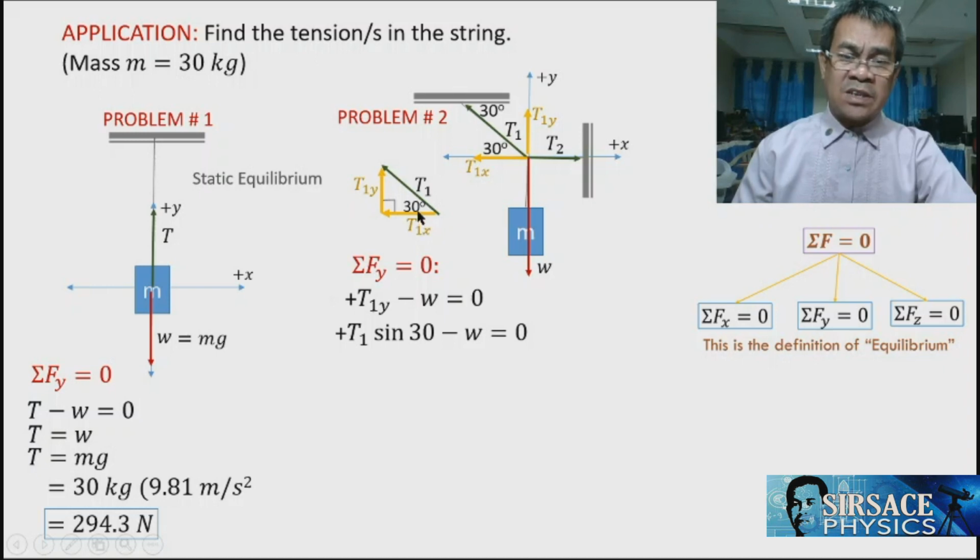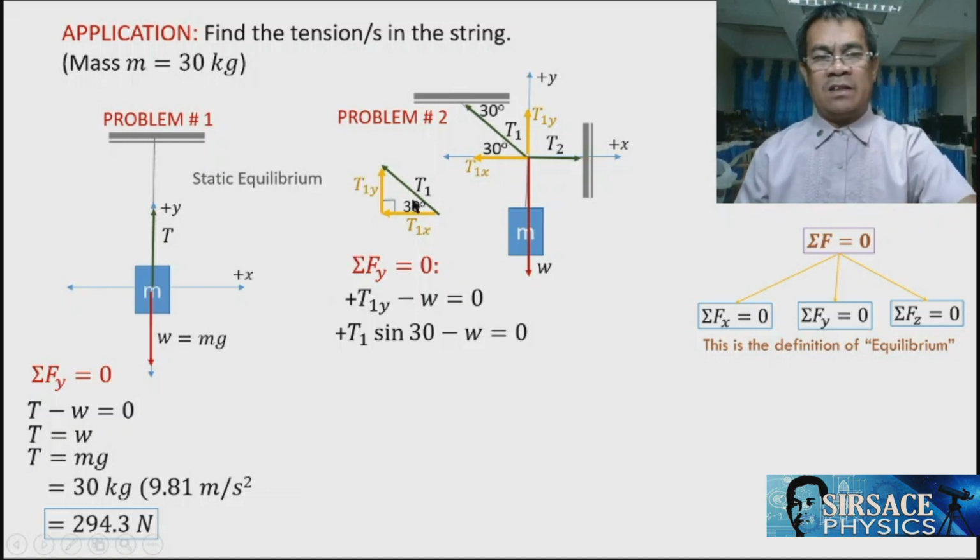T1y is adjacent. Okay, if you take cosine of this angle, it is adjacent over hypotenuse. So solving for T1y is T1 sine 30. Recall your trigonometry, the right triangle principle.